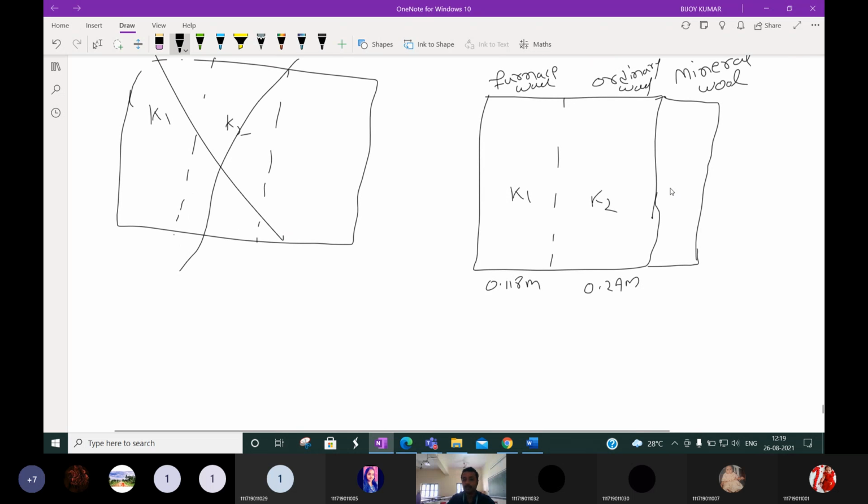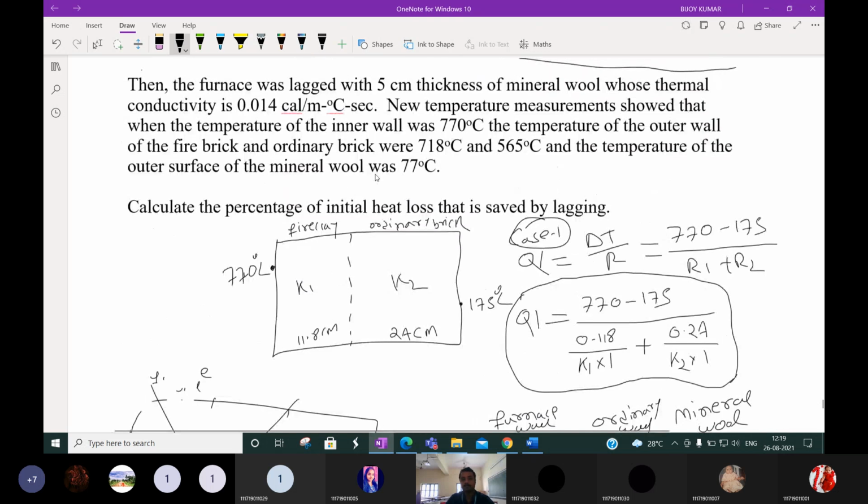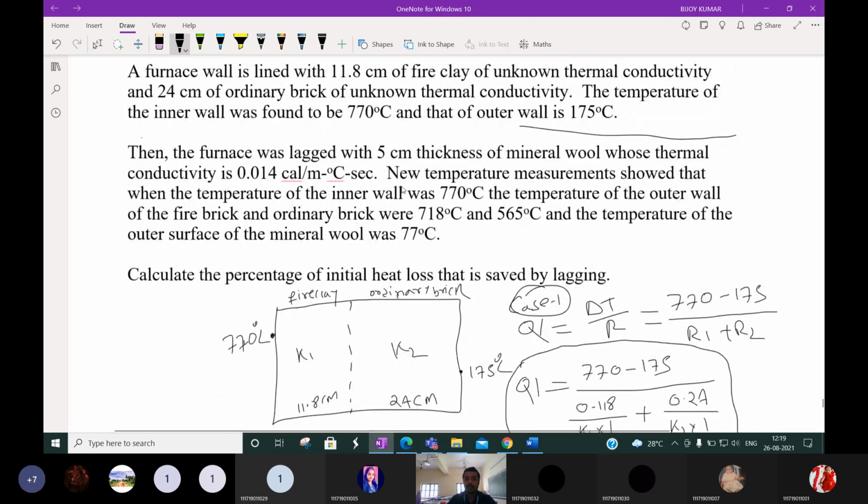Thermal conductivity K3, thickness 5 centimeter, which means 0.05 meter. This K3 value is given as 0.014. Till this it is clear, I think.